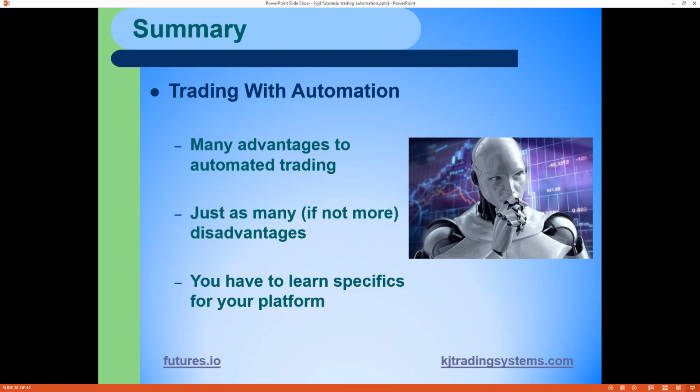But just remember, even though there are advantages, for every advantage there's definitely a disadvantage, probably more disadvantages, because there are a lot of ways you can mess this up. And the key to doing this right is knowing whatever platform you're using, learning to use it, and learning its specifics. So keep that in mind too.